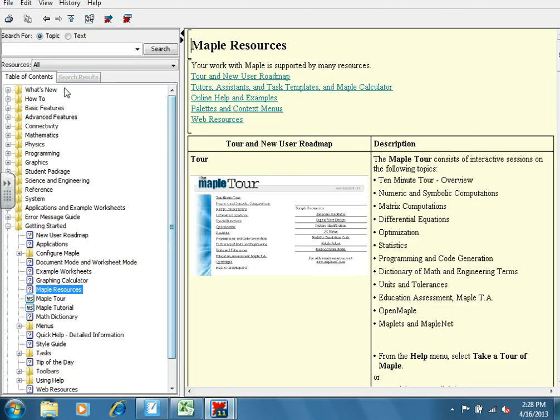So Maple help, we want inverse Laplace transform. That's spelled too many things wrong, probably. Why am I not searching?